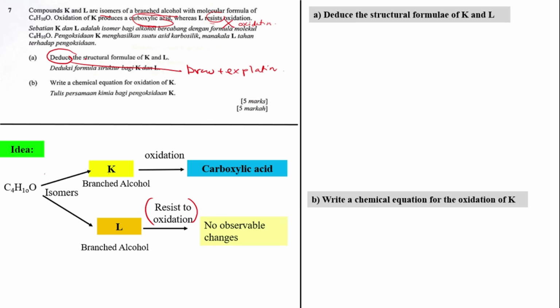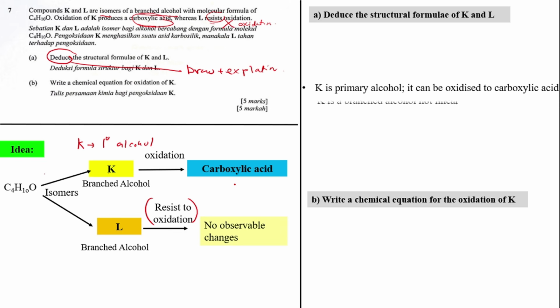So now we need to deduce the structural formula of K. K oxidized to carboxylic acid, so we know that in order to produce a carboxylic acid, K needs to be a primary alcohol, because only primary alcohol can be oxidized into carboxylic acid. The other information is that K is a branched alcohol and not linear.